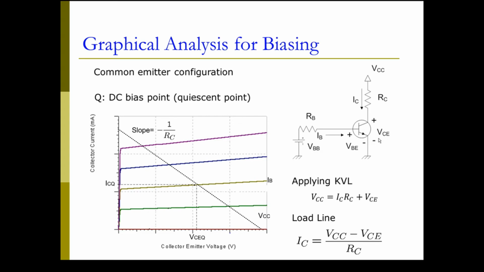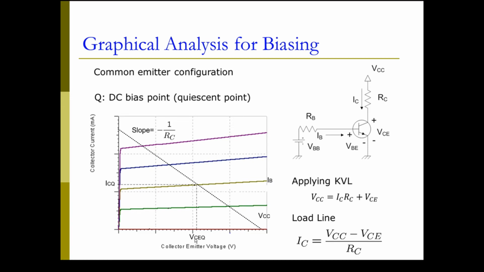And this VCE voltage is the voltage between the collector and the emitter, because the emitter is grounded already. And from the DC characteristics, from the previous analysis, we will be able to figure out how much our base current is, which is IB here. Now this IB will give us a single curve, the IC curve, which will change with respect to the change of this VCE here.